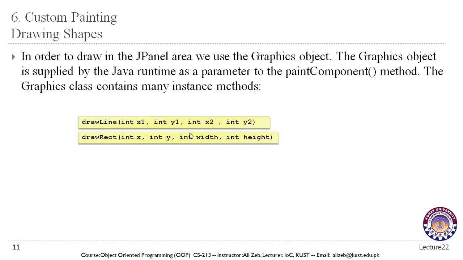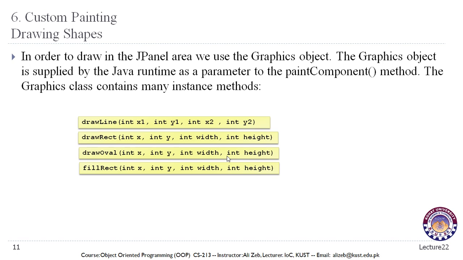And the width and the height, these two arguments show the width and the height of our rectangle. drawOval takes the x, y position of the oval and the width and the height of the oval. It will draw an oval on the panel.